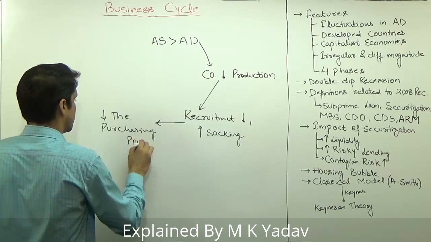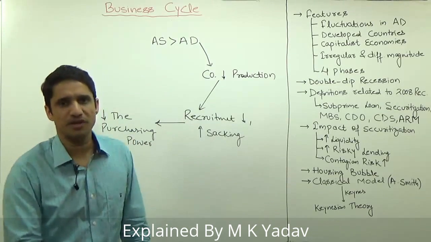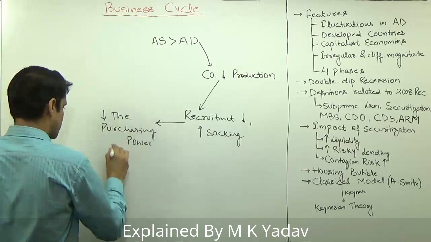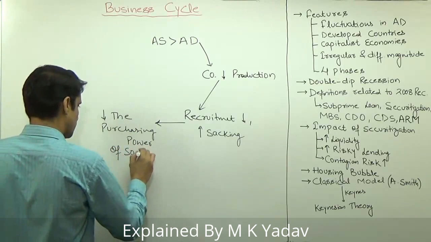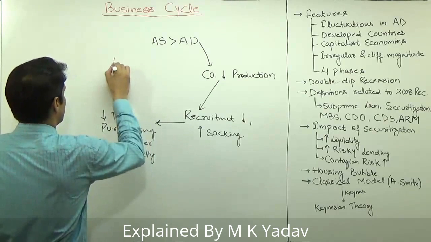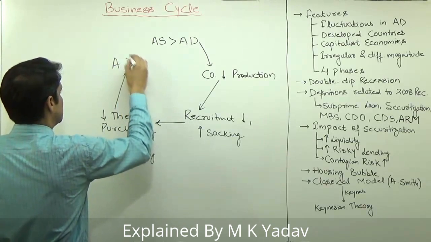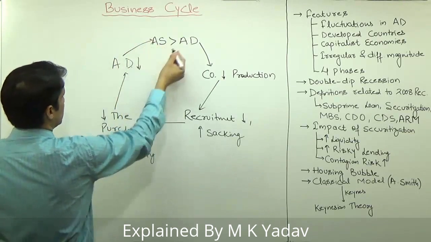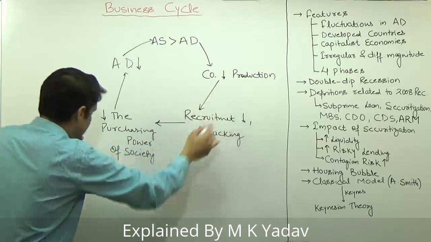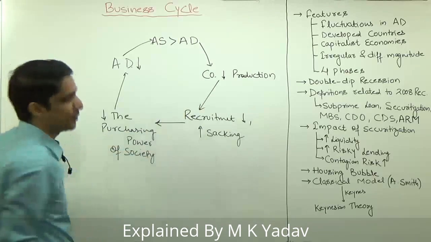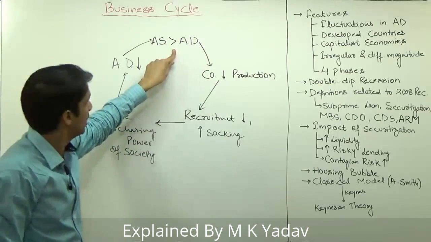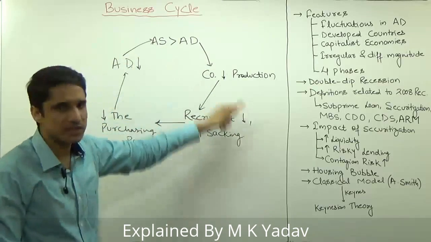If people do not get salary, from where will they buy commodities? So that decreases the purchasing power of society as a whole. And when purchasing power decreases, aggregate demand decreases, and aggregate supply becomes more than aggregate demand. So this becomes a vicious cycle. By whatsoever reason, if aggregate supply becomes more than aggregate demand, that causes a vicious cycle.